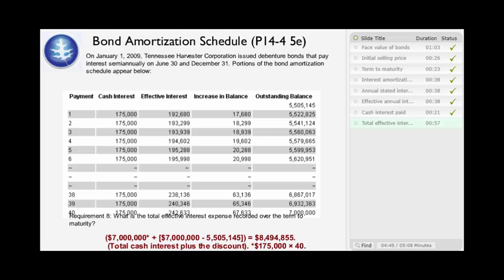That difference represents the discount, which we need to add to the $7 million. That brings the total interest to $8,494,855.